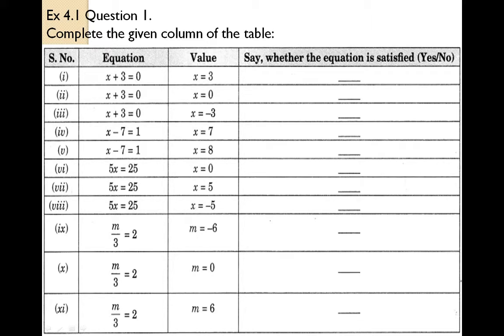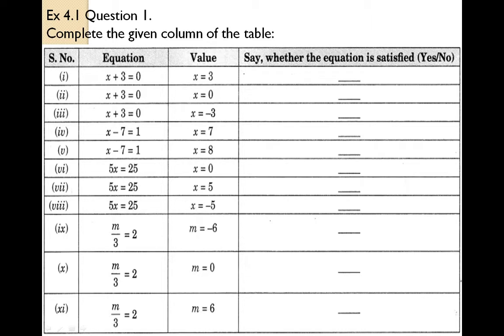When we are going to find out whether the equation is satisfied or not, we have to substitute the value of that variable in the given equation. So our first equation is x plus 3 is equal to 0, and we have to put the value of x as 3.